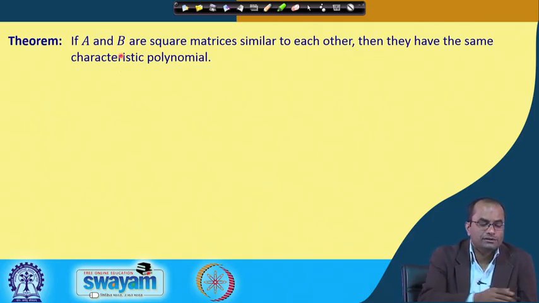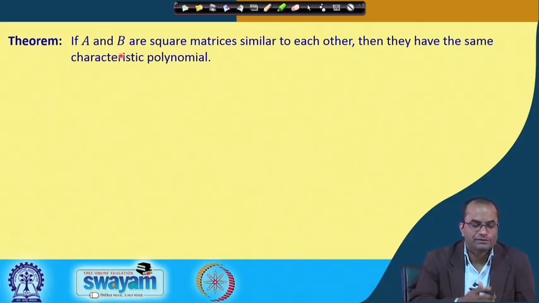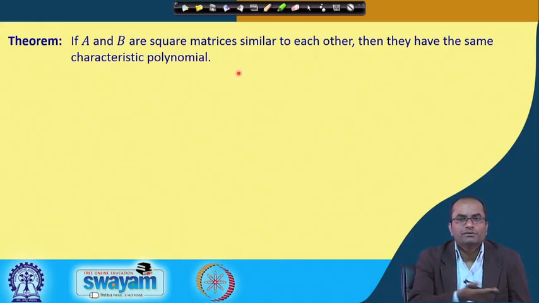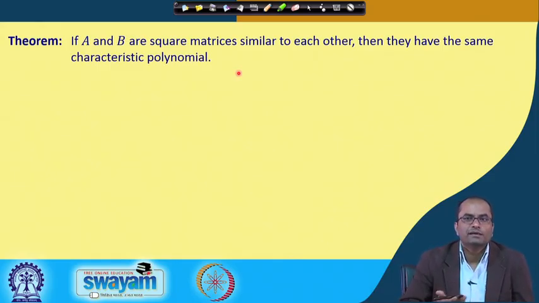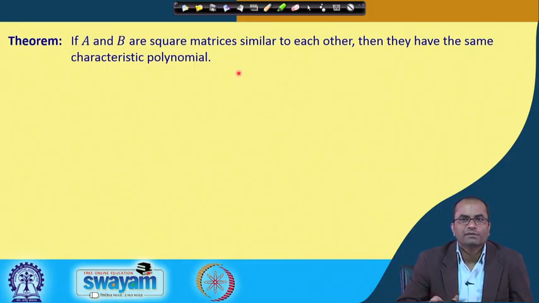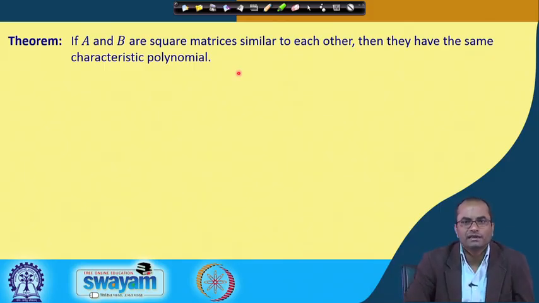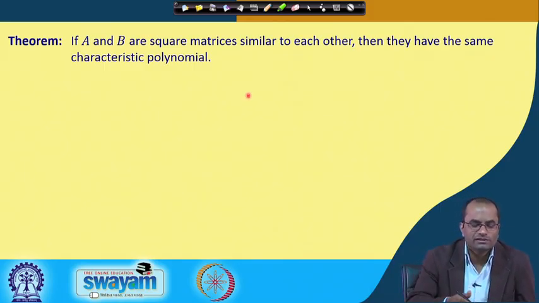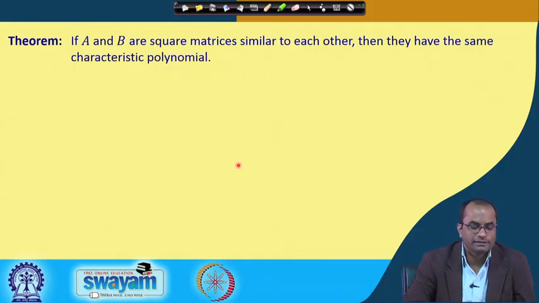Another result, which we have actually seen already in the first result: if A, B are square similar matrices, then they have the same characteristic polynomial. So, eventually we have seen already that they have the same eigenvalues. If we have the same eigenvalues, that means they have the same characteristic polynomial, but this is just another way of looking at it.